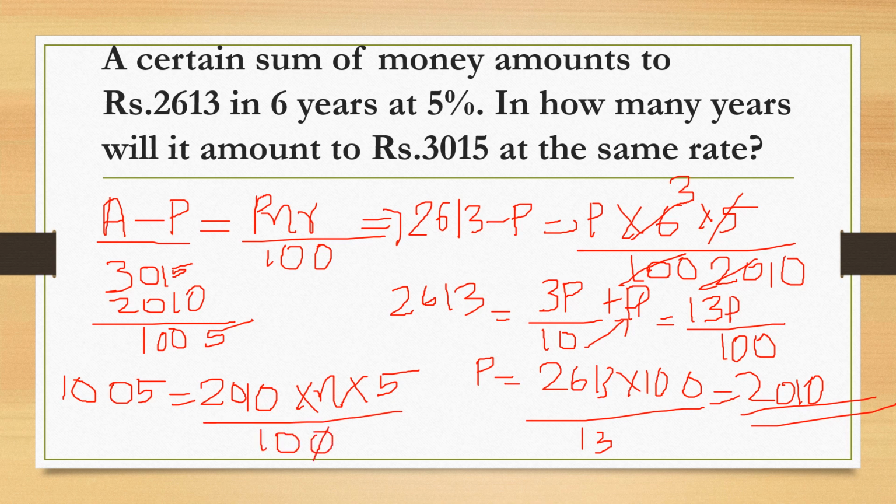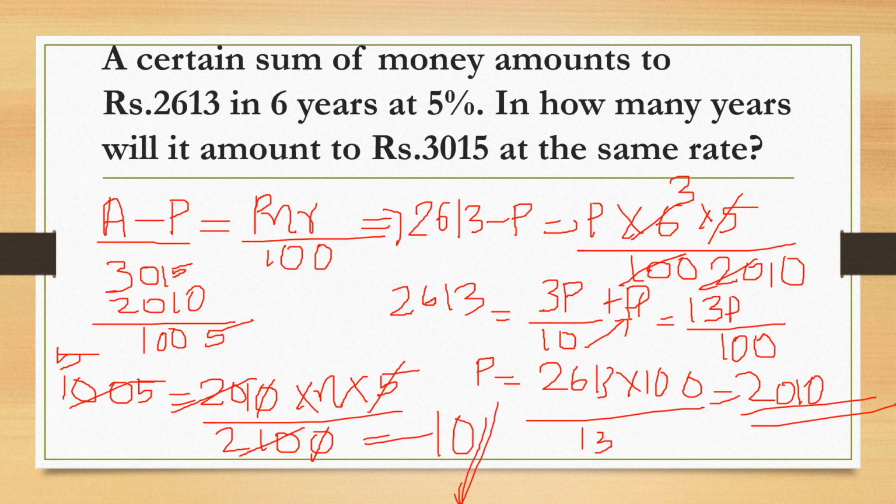We can cancel this 2. 5 into 2 is 10. Okay. On solving this question, 201 into 5 is 1005. So we can cancel these two and N is 5 into 2, 10 years.